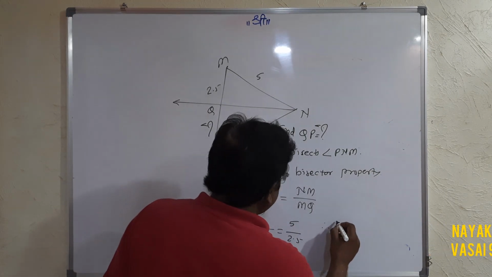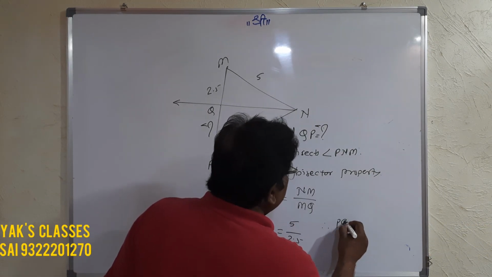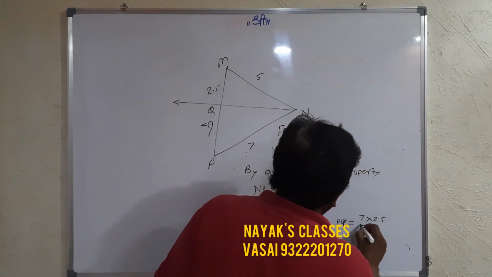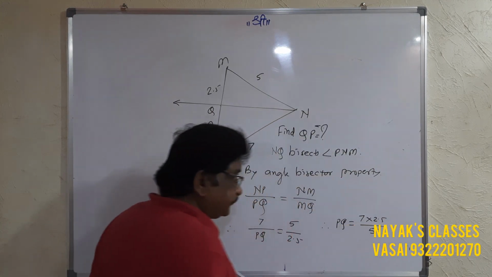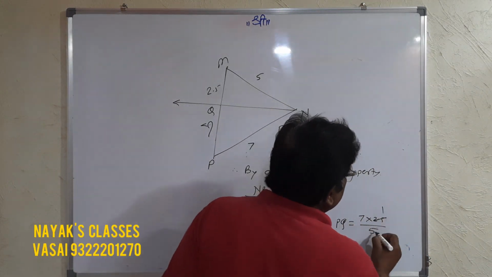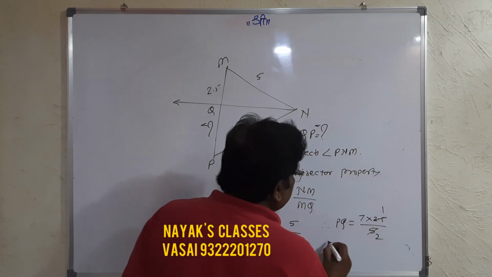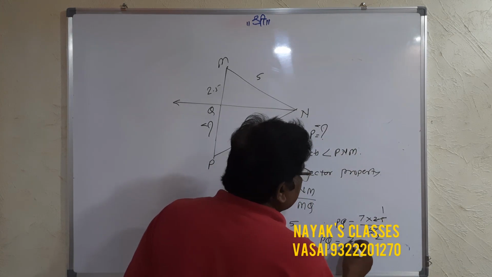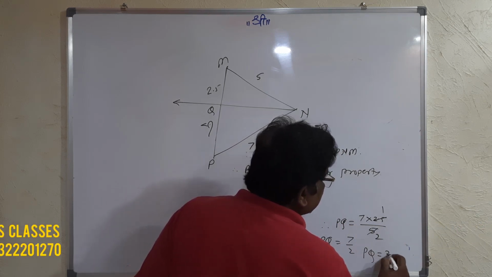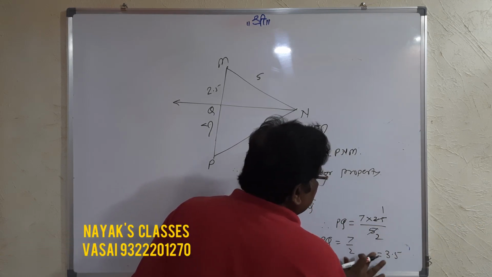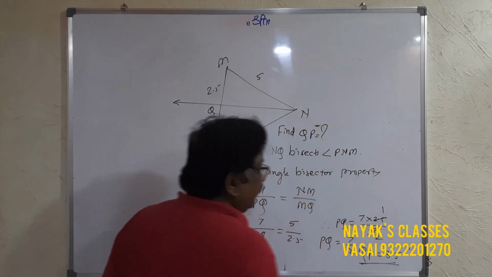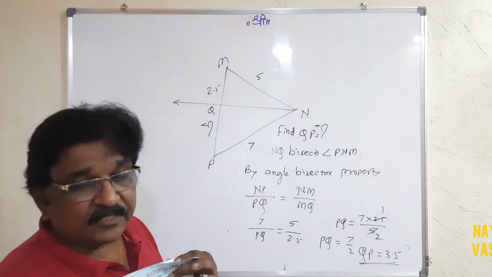Therefore PQ is equal to 7 into 2.5 upon 5. So it will be 2.5 ones are 2.5, twos are 5. So PQ is equal to 7 upon 2. So finally PQ is equal to 3.5, or QP is equal to 3.5. This is the answer.